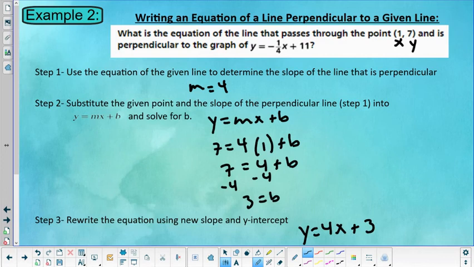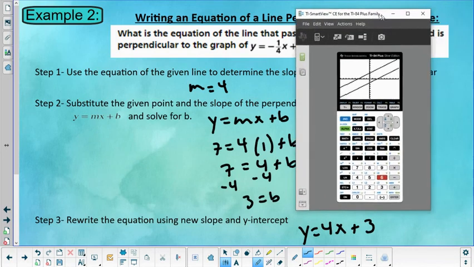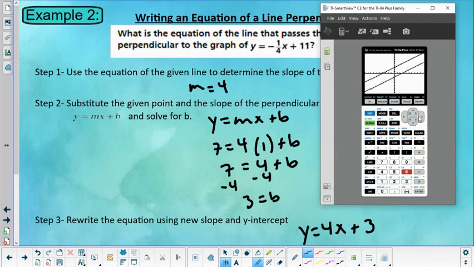Now let's test this on the calculator again. Again, you can use the Desmos one, or you can choose to use the TI-83. My first equation, let me go ahead and clear it out, was negative 1/4 x plus 11. And my next one is 4x plus 3.